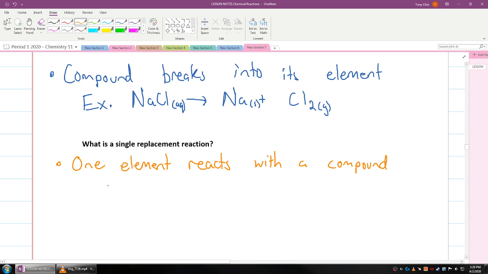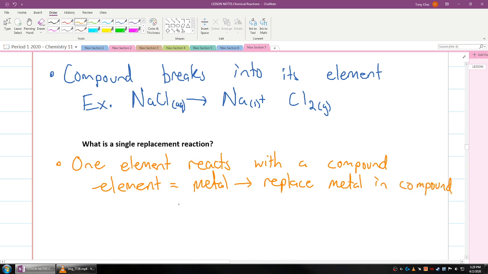That's why it's called single replacement. So if the element is a metal, it will replace the metal in the compound. And if it's a non-metal, it will replace the non-metal in the compound.